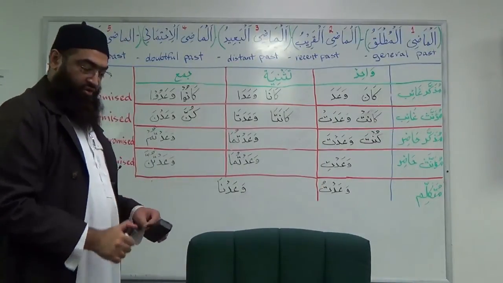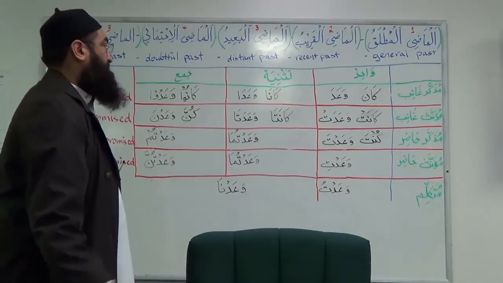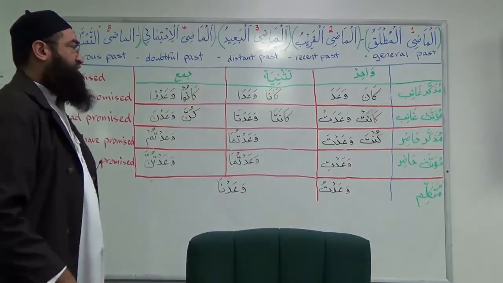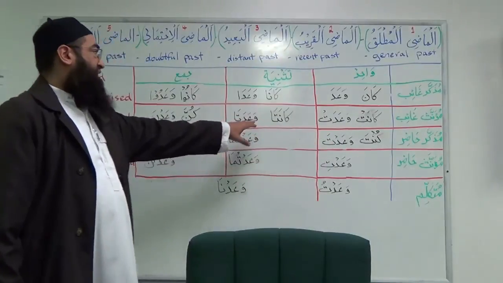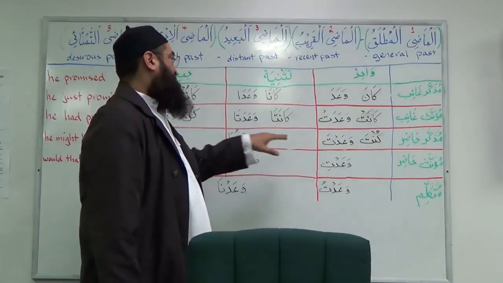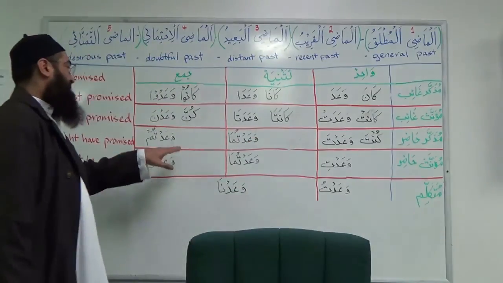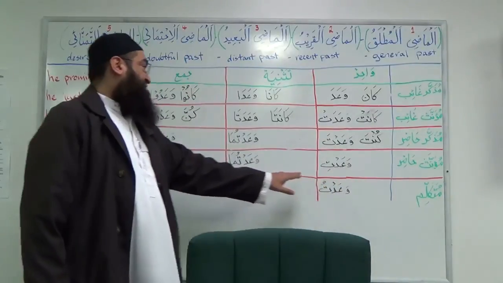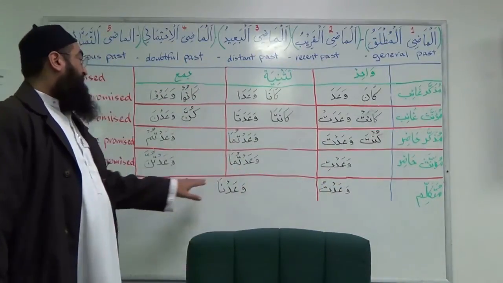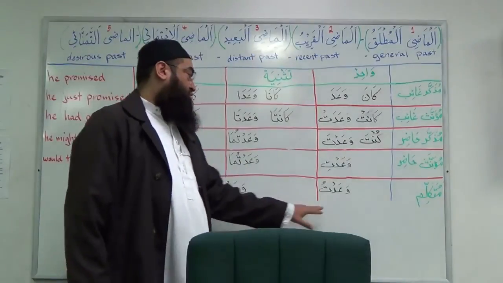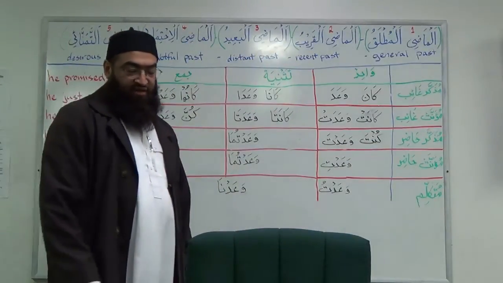So let me say the whole thing. كان وعدا, كانا وعدا, كانوا وعدوا, كانت وعدت, كانتا وعدتا, كنا وعدنا, كنت وعدت, كنتما وعدتما, كنتم وعدتم, كنتي وعدتي, كنتما وعدتما, كنتن وعدتن, كنت وعدت, and كنا وعدنا.